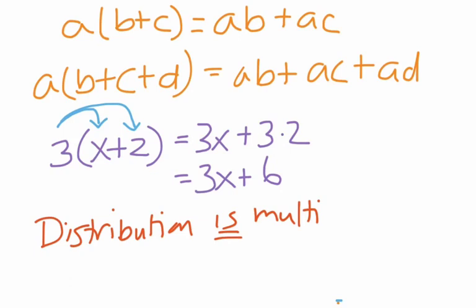It's just multiplication over a group. It's very specifically defined as multiplication over addition or over subtraction. Now, here's where the word distribute comes into play. It's like the 3 is being distributed to everything in the parentheses.